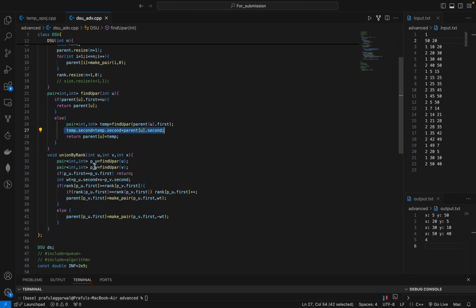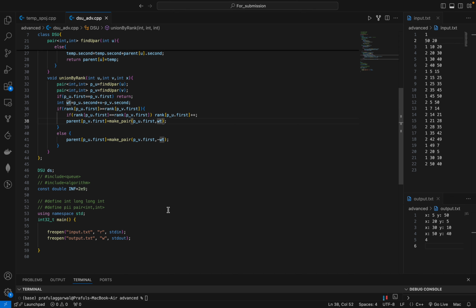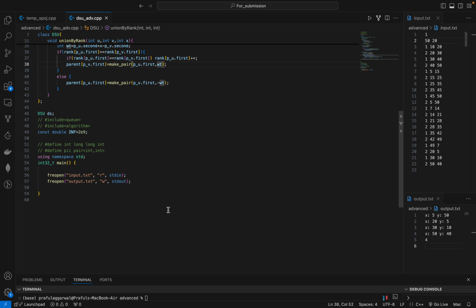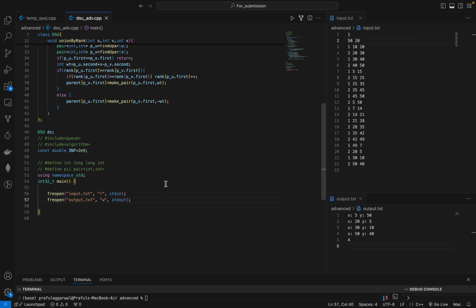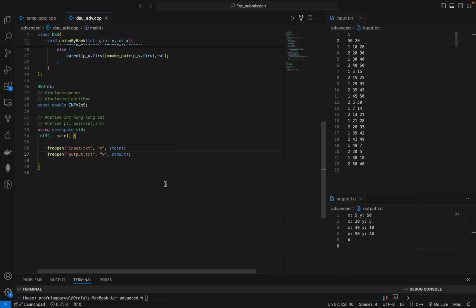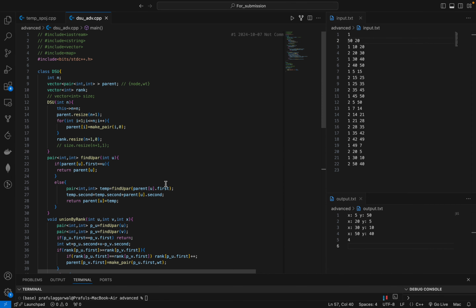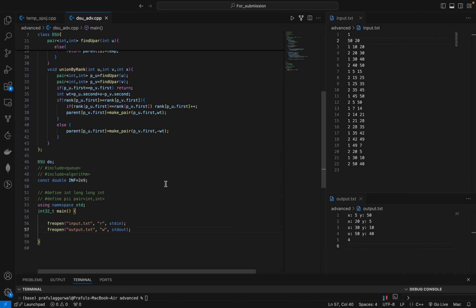In union, the extra thing we did was calculating this weight and passing it here. Mostly it remains the same. So that's the final code we have.